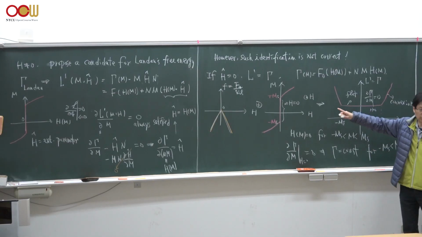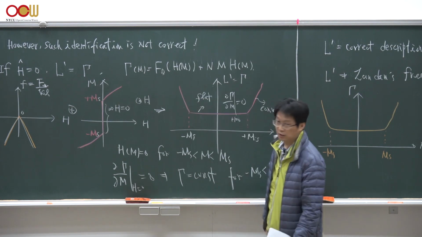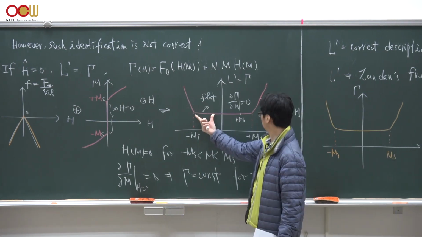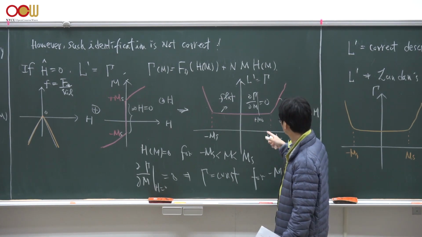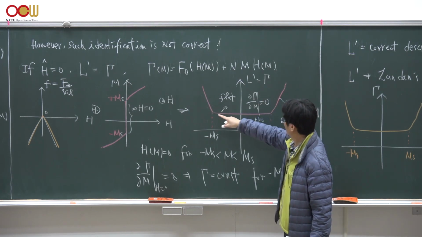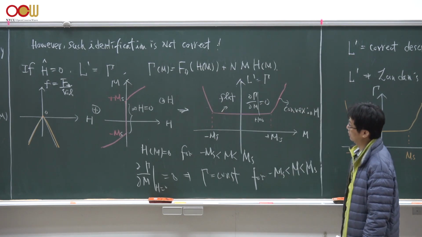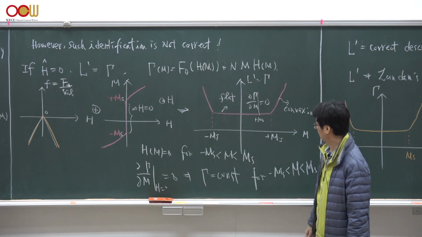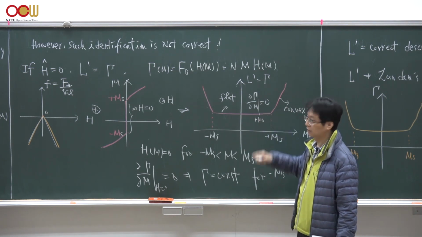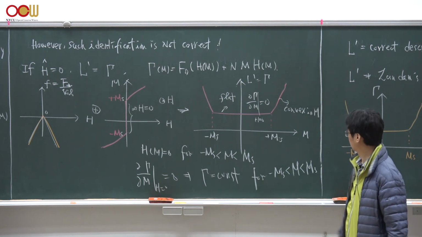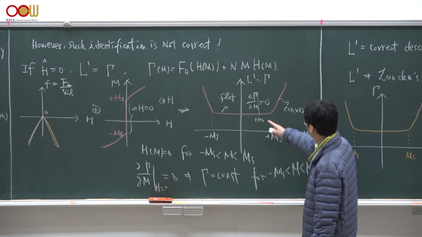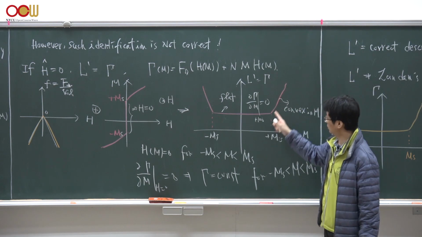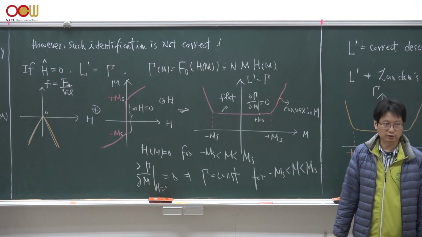You can check by yourself that the whole plot is a U-shaped figure, where between plus and minus m, this Gibbs free energy, or your new Landau's free energy, is a flat constant, where you get zero first derivative of the Gibbs free energy with respect to the magnetization. Okay, so indeed this is a convex function in m.